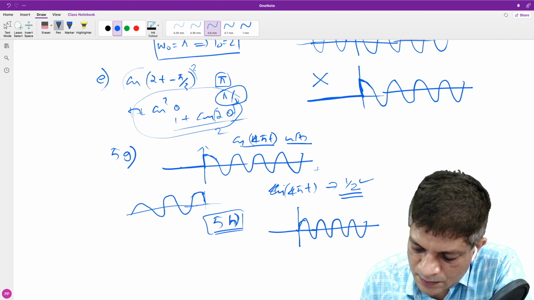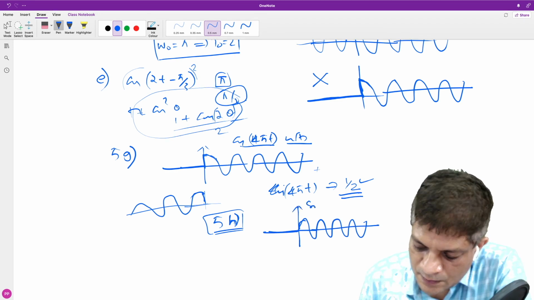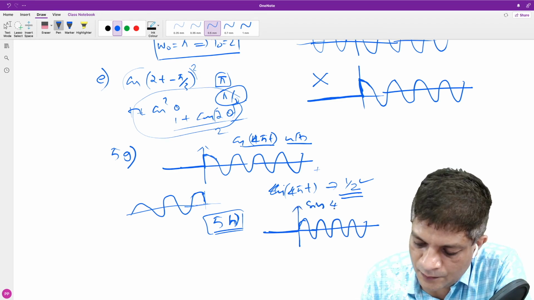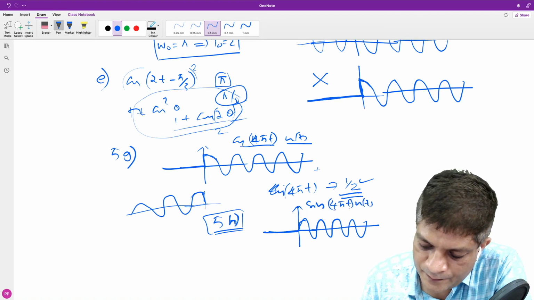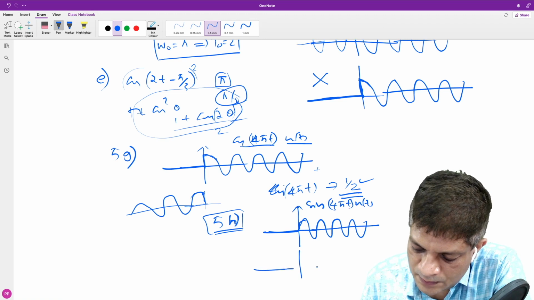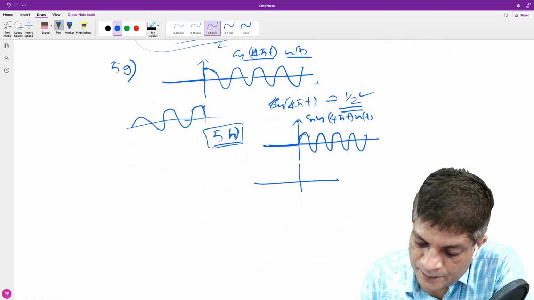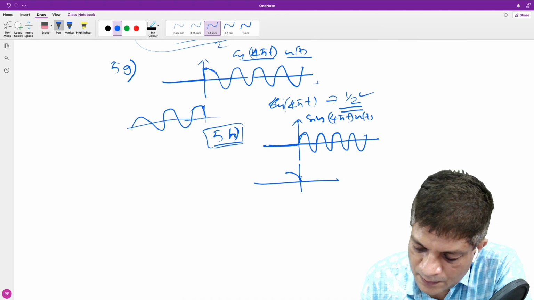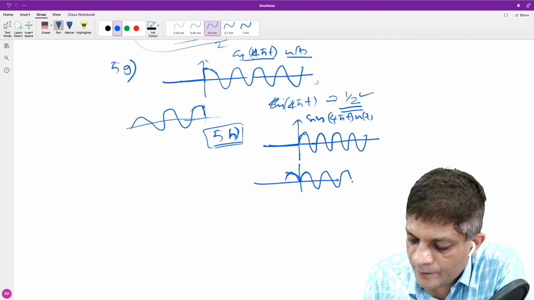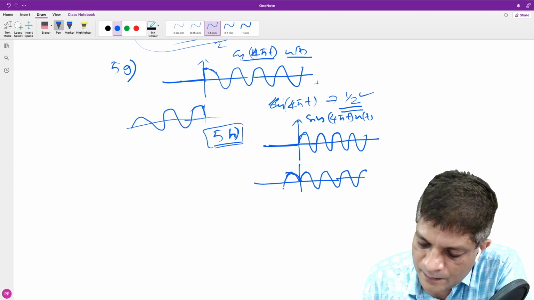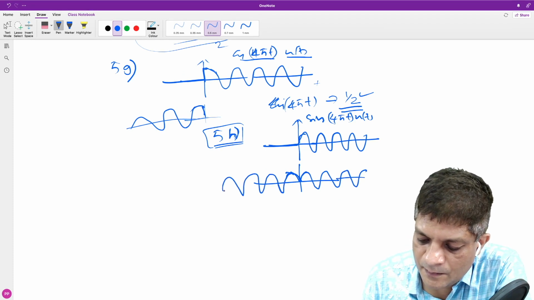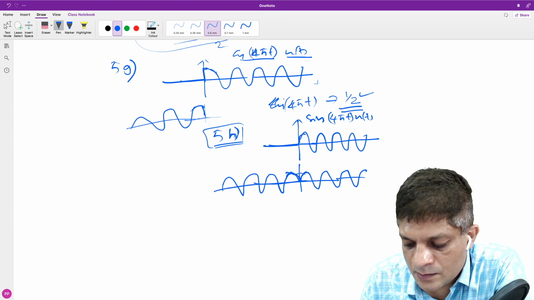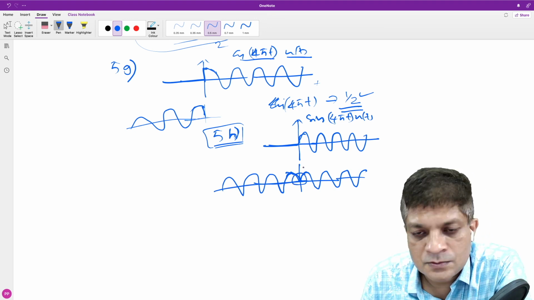Now if you take the mirror image, it will be something like this one, right? The even part, if you calculate the even part, it will be something like this. Because of this, it is not periodic.